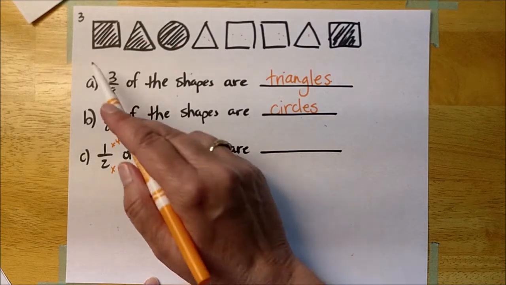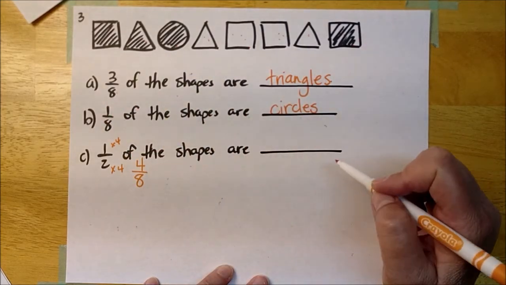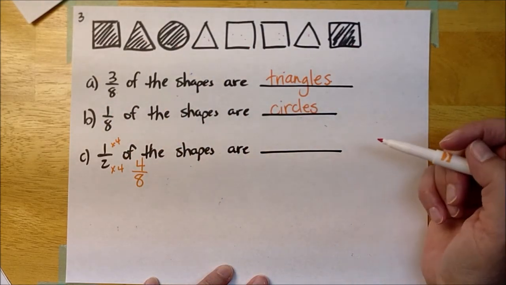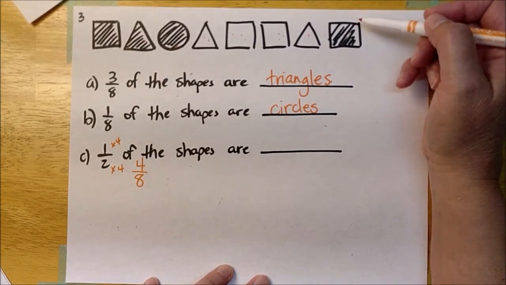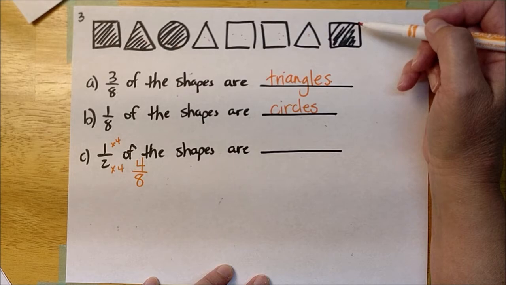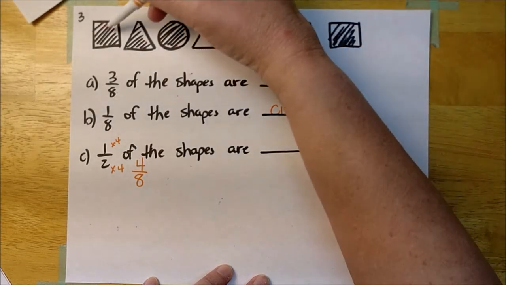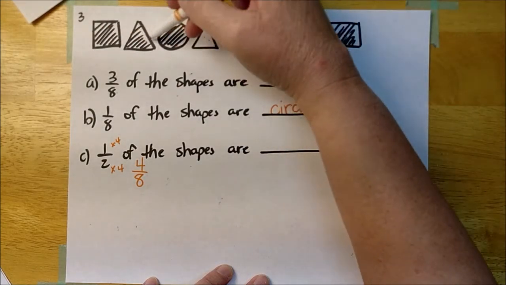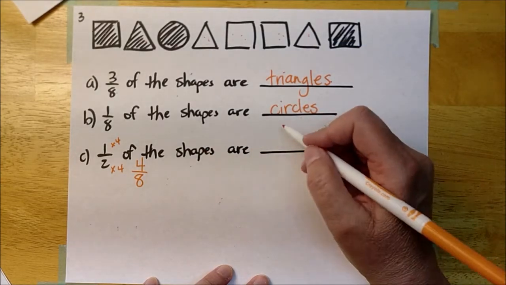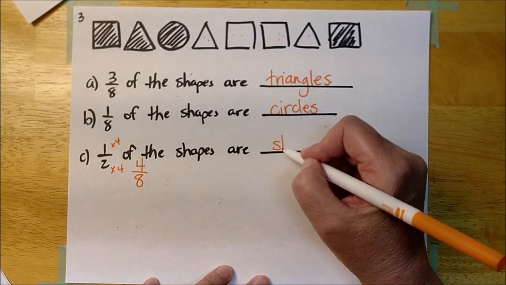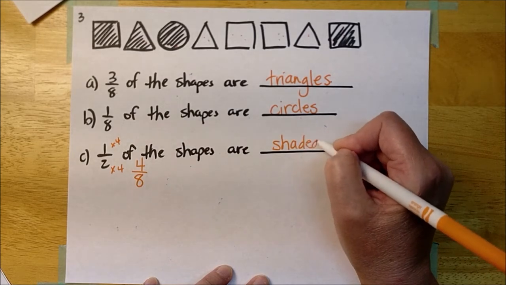Now I have an 8 on the bottom and I have 8 shapes, so this is going to be easier for me to figure out. So what kinds of my shapes, how many are 4/8? I look at this and say 4/8, 1, 2, 3, 4 are shaded. So half of the shapes are shaded.